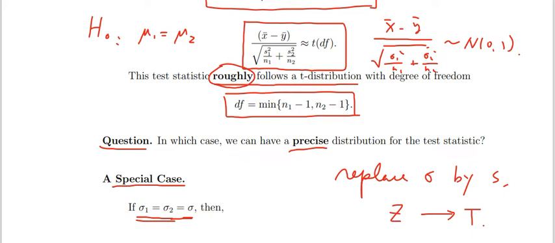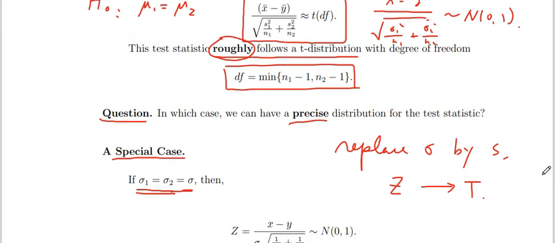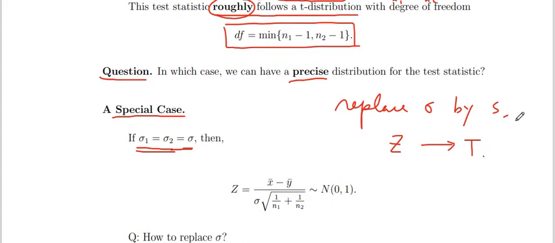So the problem is, if we replace two sigmas by two S's, we have some trouble. If we just replace one sigma by one S, then Z becomes T, right? So if sigma 1 and sigma 2 are the same, equal to sigma, then we can take sigma outside. So we have x bar minus y bar over sigma times the square root of 1 over n1 plus 1 over n2.